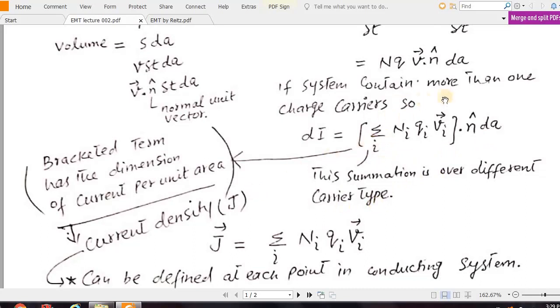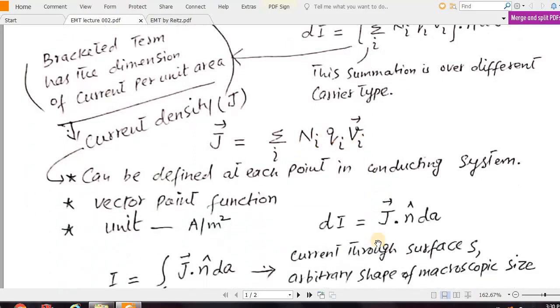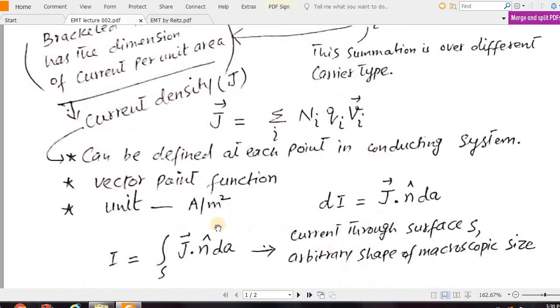The bracketed term in this equation has a dimension of current per unit area. Current per unit area is known as the current density and is represented by the symbol J. J is equal to summation over i of n_i q_i v_i. Current density has the following characteristics. It can be defined at each point in the conducting system, and it is a vector point function.